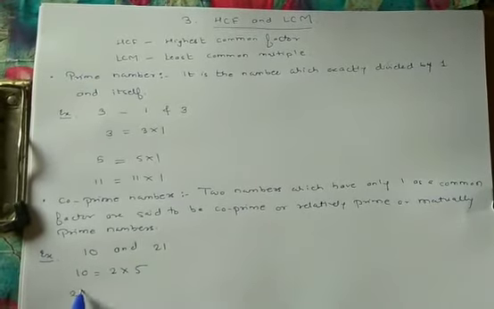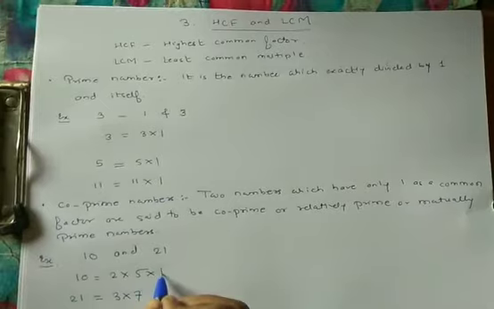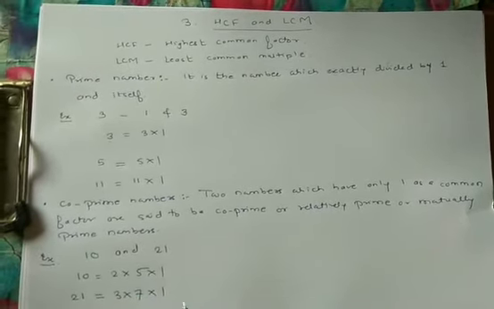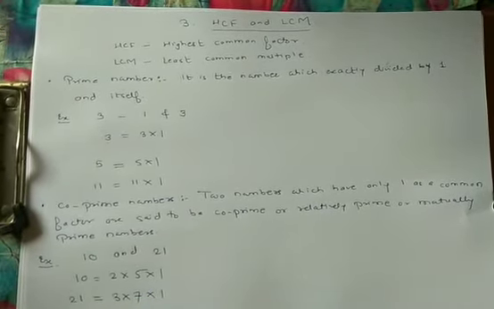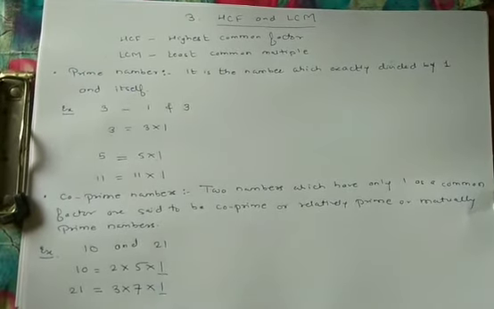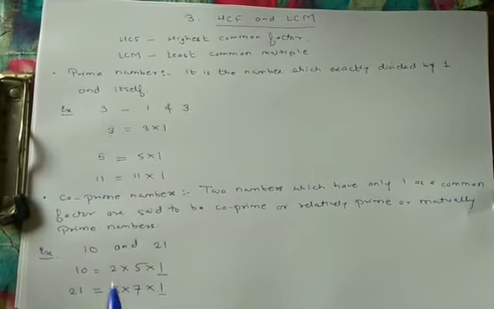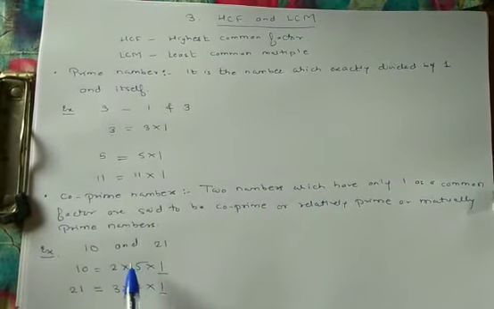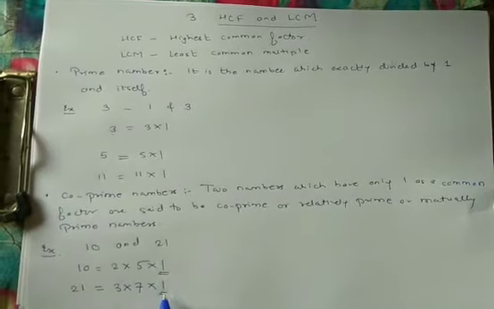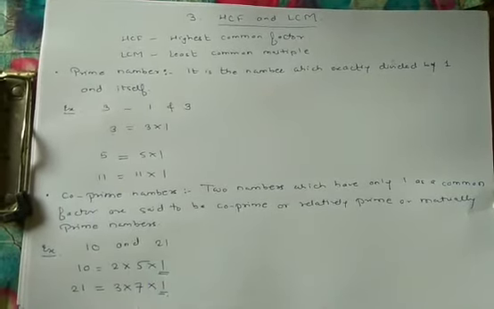And for 21, the factors are 3 sevens, and of course 1 is there. So if you observe the factors of 10 and 21, only 1 is common. 2 is not common, 5 is not a common factor. So numbers in which only 1 is the common factor are called what?